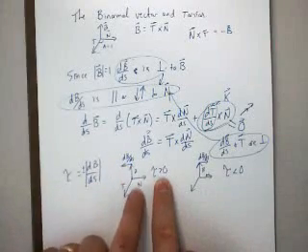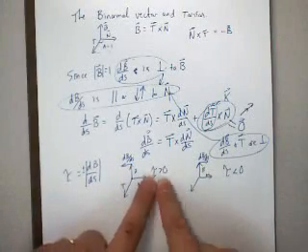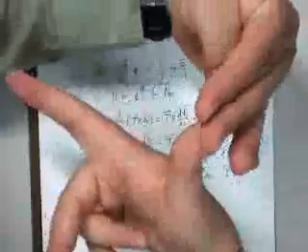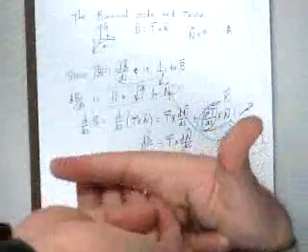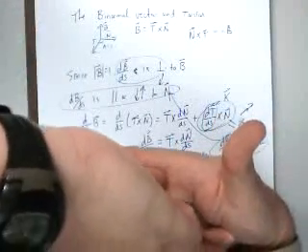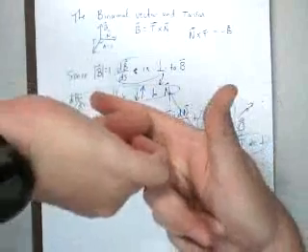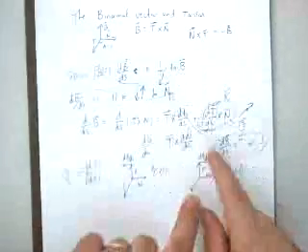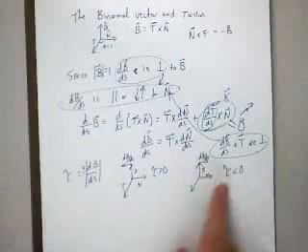When dB/ds points opposite N, torsion is positive. If it points with N and I'm moving in this direction, then when I wrap around, notice that my thumb is now pointing against the direction of motion. It's kind of hard to see in the camera, which is why we say that torsion is negative. That completes this.